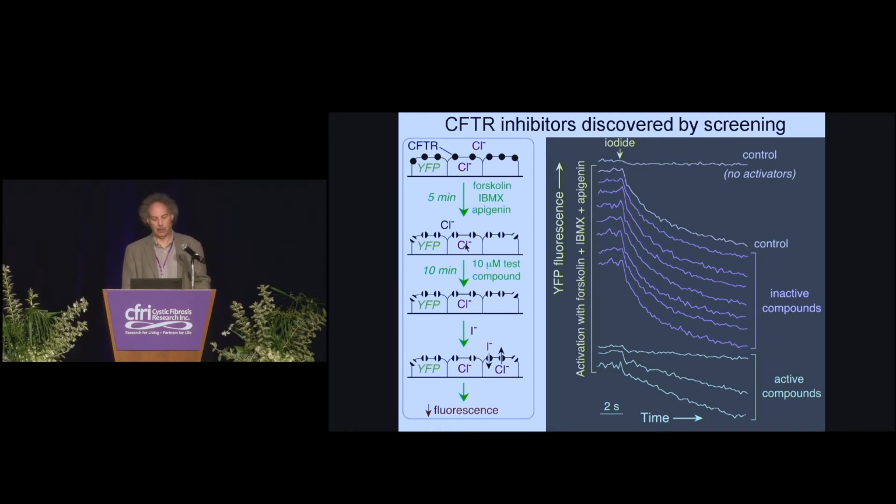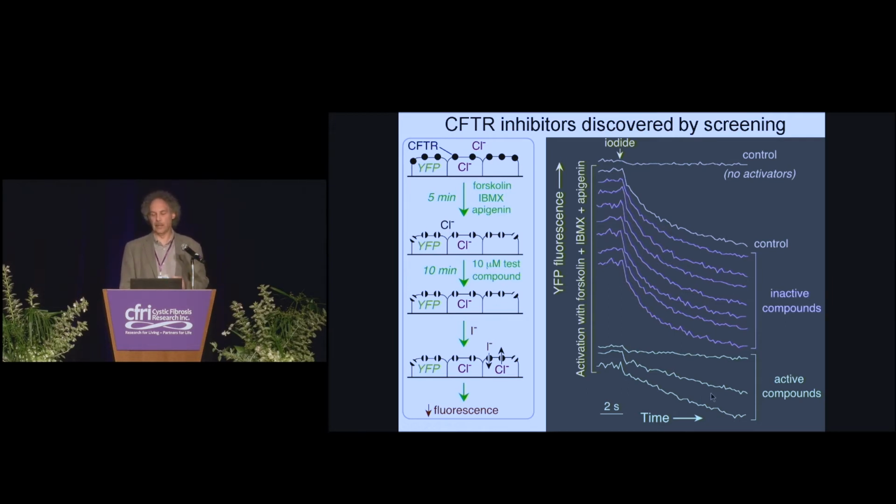We activate CFTR, add a test compound, and we've now looked at more than 300,000 compounds for CFTR inhibitors, then add iodide. When the channel is open, and we follow the signal in a single well of a 96-well plate, and this is done over and over again, the signal drops quickly. If the signal drops less quickly, it means CFTR has been inhibited, and this is a potential drug candidate.